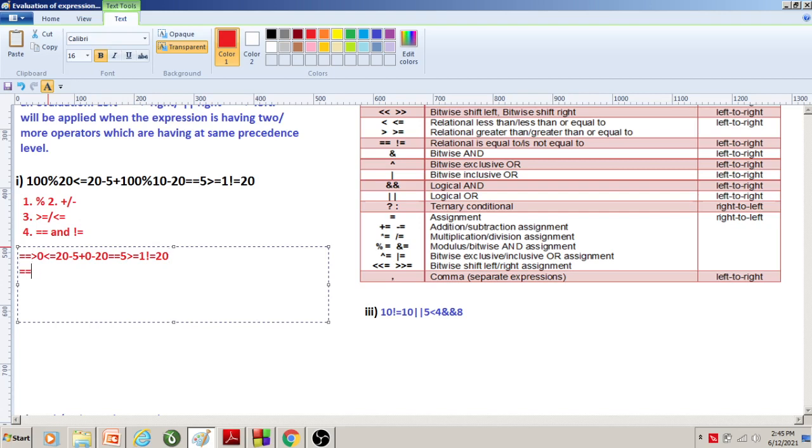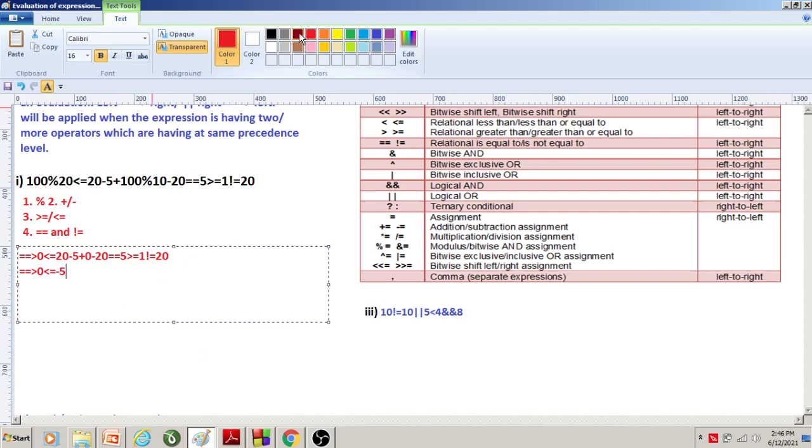So the next operators we are going to choose are subtraction and addition. Both operators are at the same precedence level, therefore the associativity of addition and subtraction is from left to right. So I keep 0 as it is, less than or equal to 20, and 20 minus 5 is 15. Next the addition operation will be applied, that is 15 plus 0 equal to 15, and again minus 20, so this becomes minus 5.